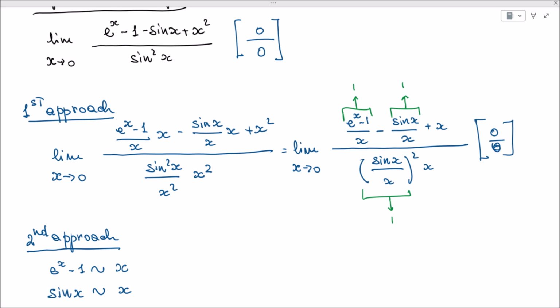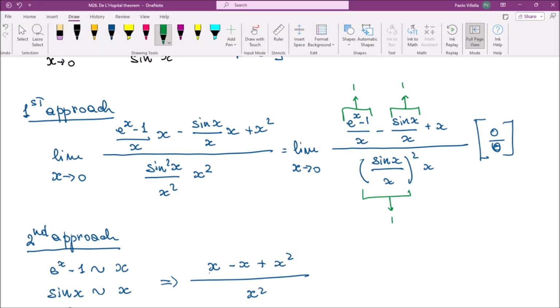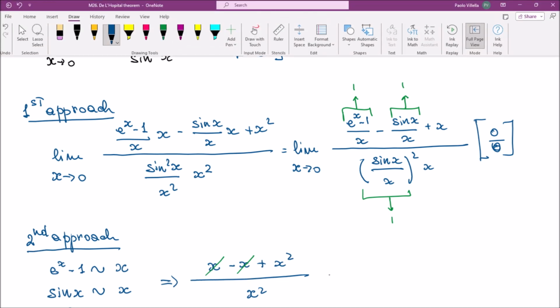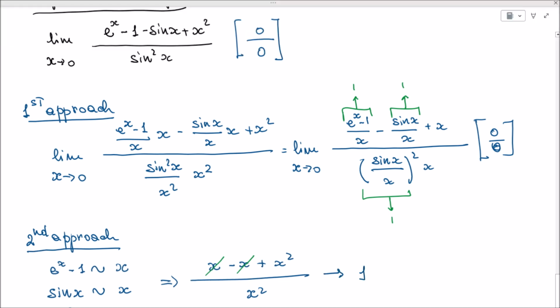And then we can say that sine square of x is asymptotically equivalent to x squared. Okay, so this would give us what? Let's see. We will have x minus x plus x squared divided by x squared.